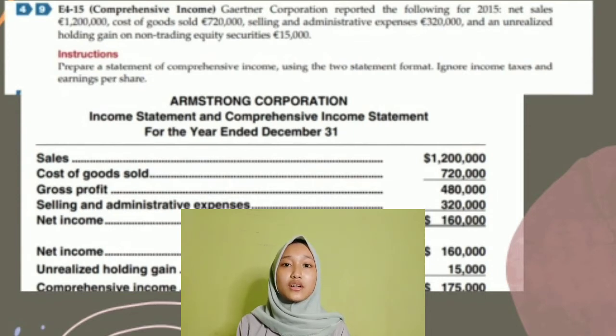And unrealized holding gain on non-trading equity securities 15,000. Instruction: prepare a statement of comprehensive income using the two-statement format. Ignore income tax and earnings per share. This is the explanation and the answer.